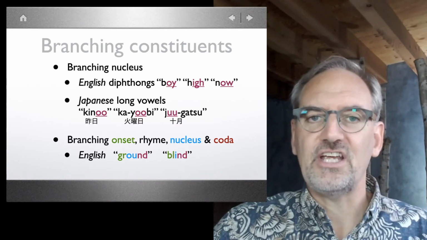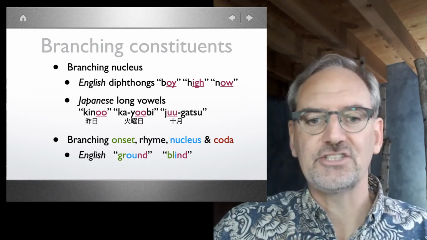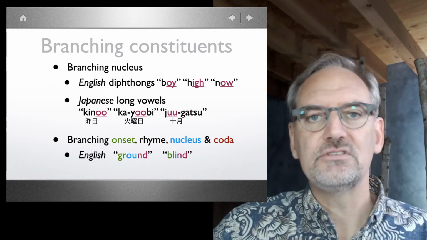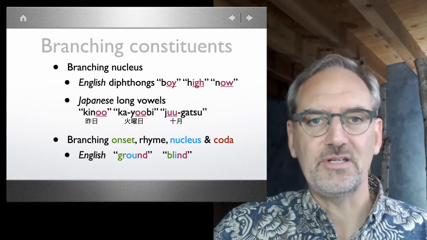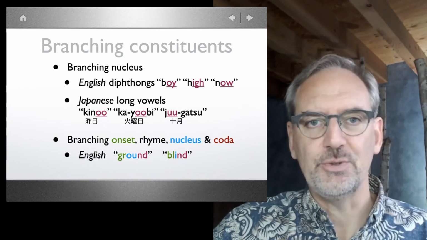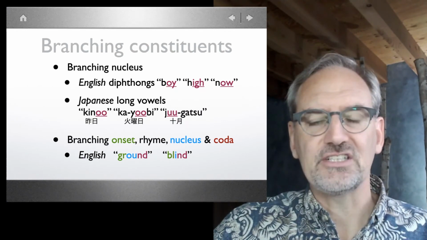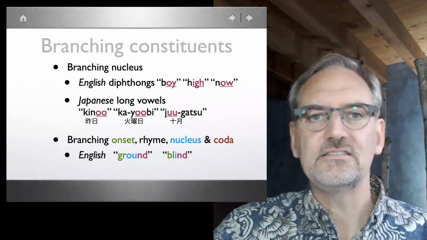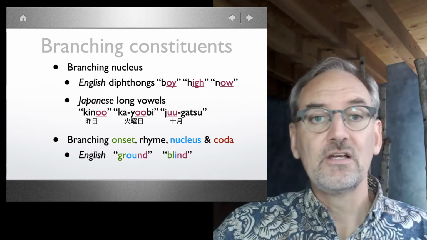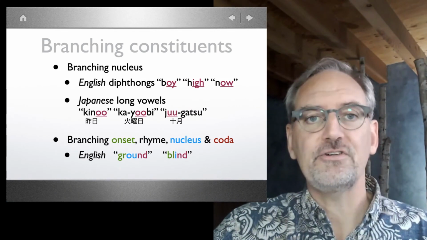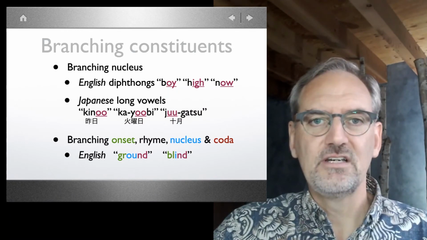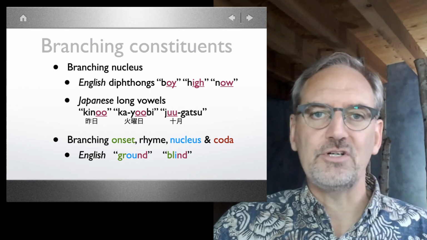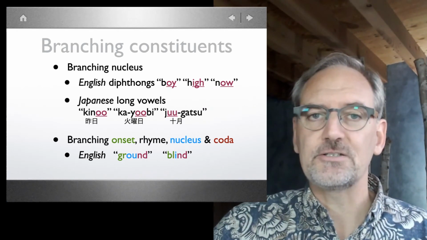In English, we have words in which all of the constituents branch. A word like ground, gr, ow, nd. Right? 6 segments grouped into 3 constituents. Each one is a branching constituent. The same is true for blind, bl, I, nd, blind. Right? So you can see already there's a big difference in how many segments can appear within a syllable depending on whether or not the language permits branching constituents.